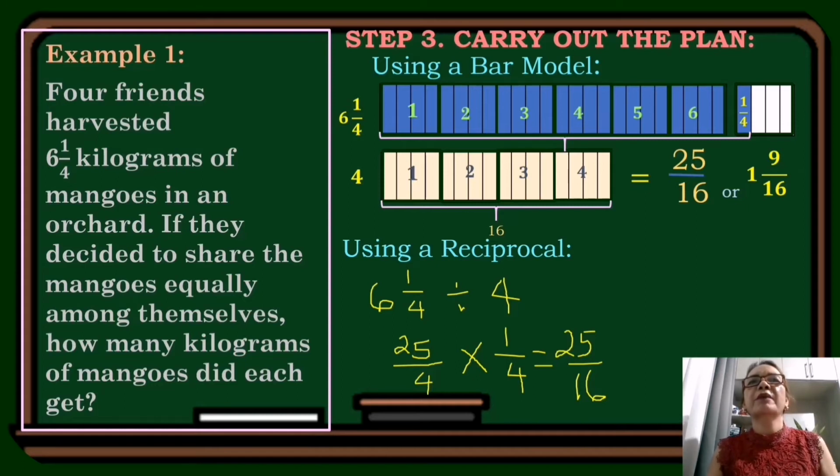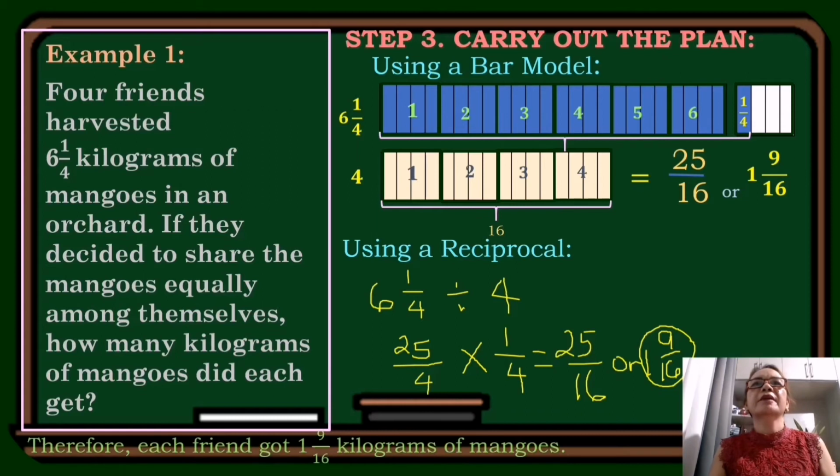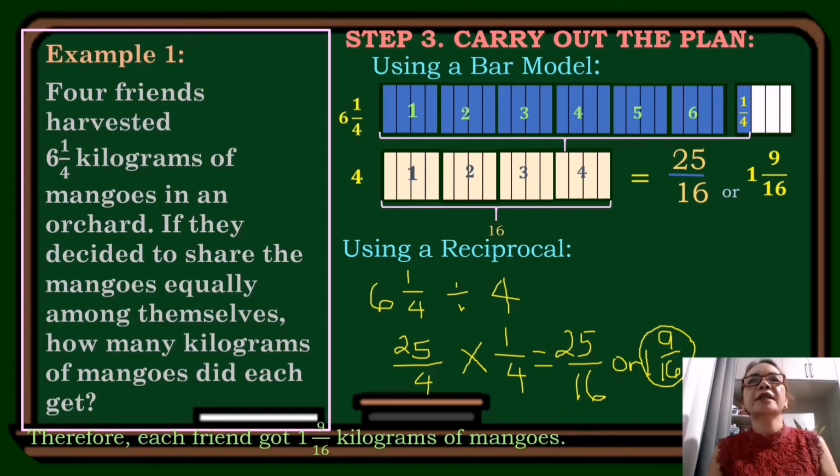So 25 over 16 is equal to 1 and 9 over 16. And this will be our final answer. Okay? So therefore, each friend got 1 9/16 kilogram of mangoes.